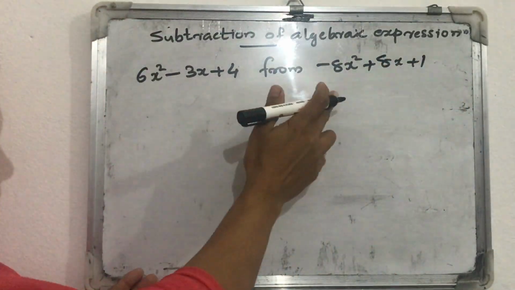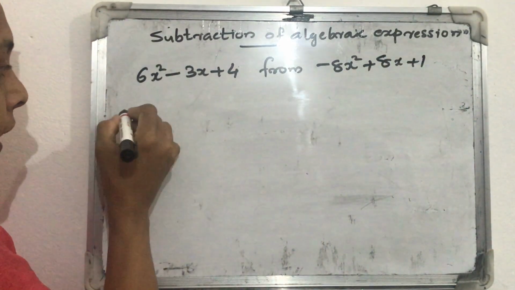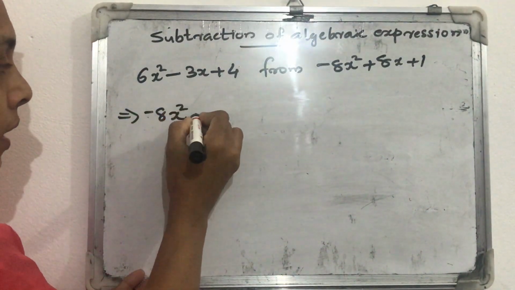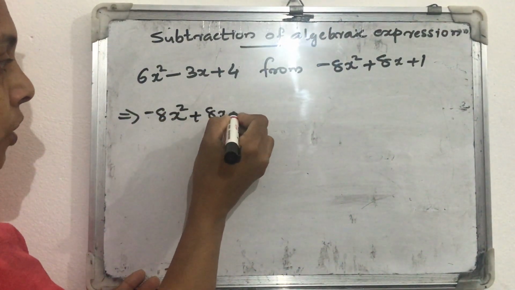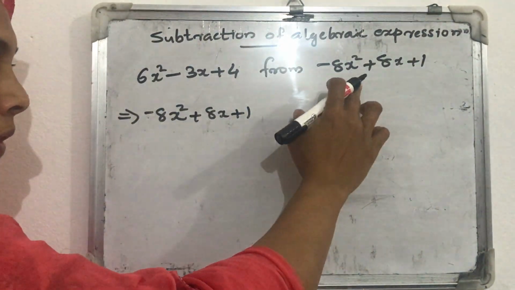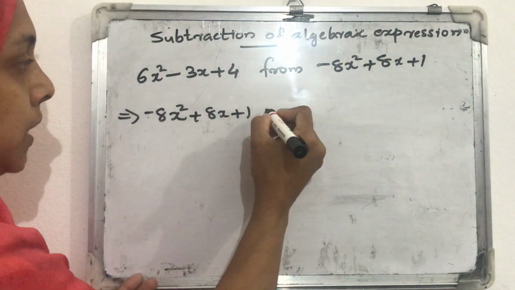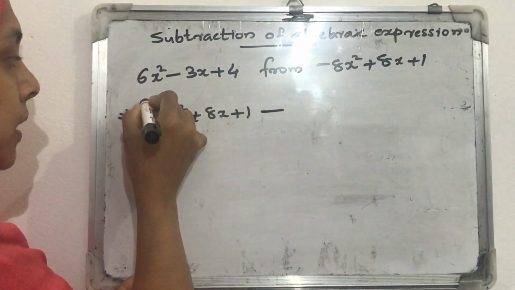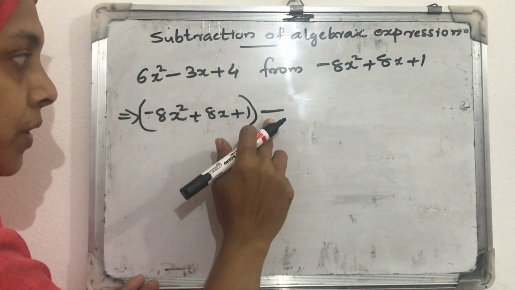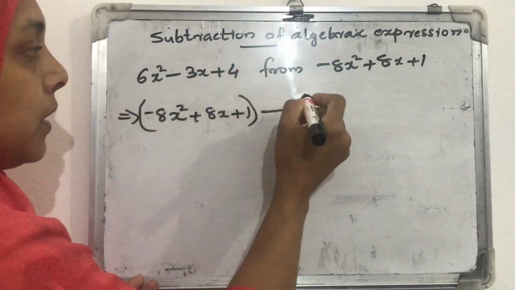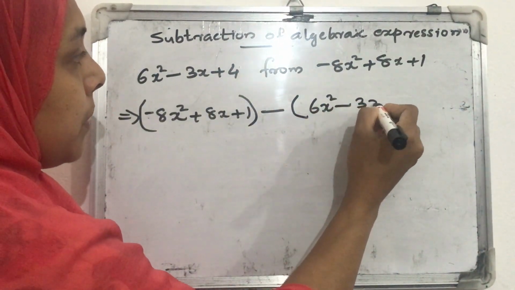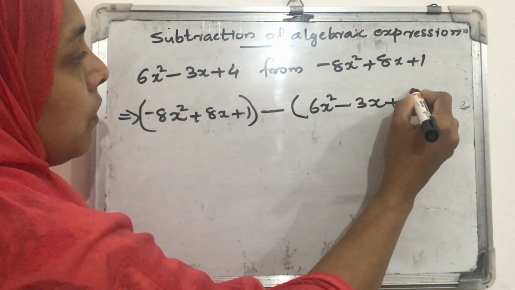From which we are subtracting this, so we write it first: minus 8x square plus 8x plus 1. There will not be any change for this expression. The one we are subtracting we write in brackets: 6x square minus 3x plus 4.